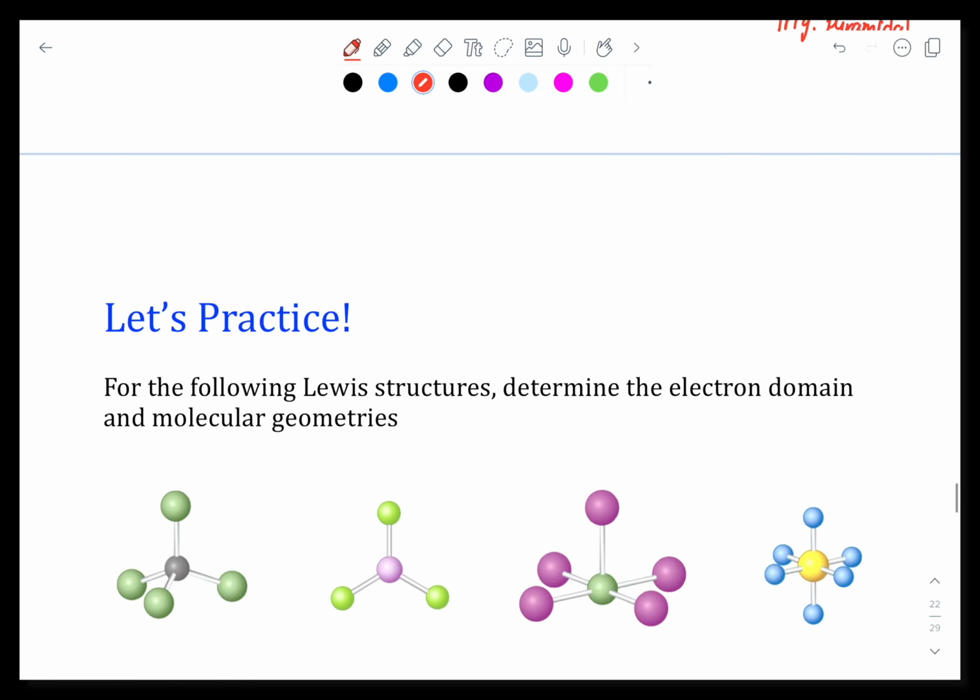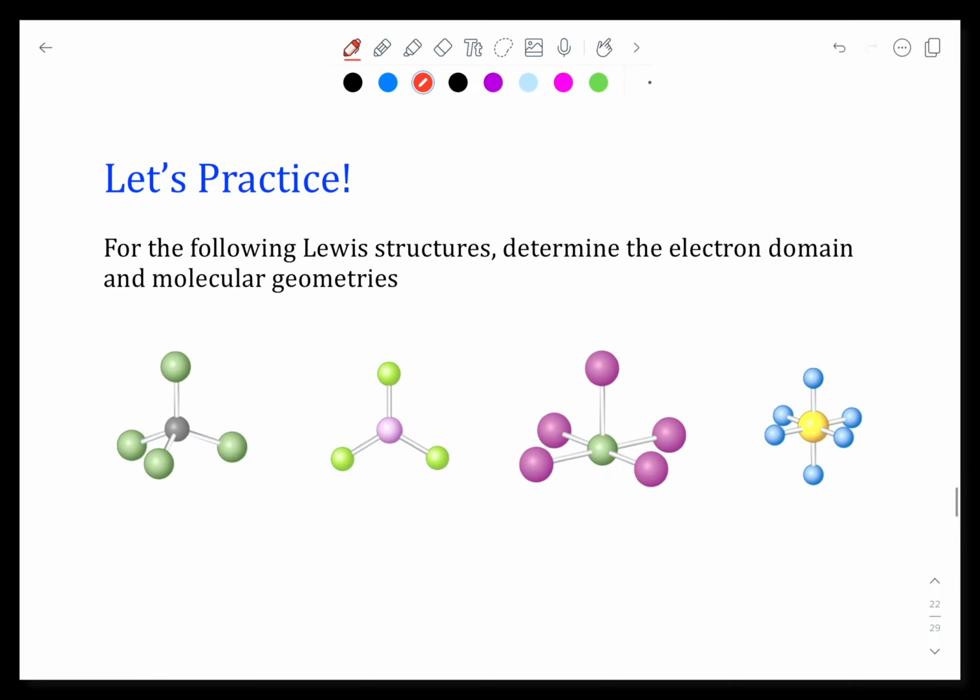Okay, let's keep practicing. So, for the following Lewis structures, determine the electron domain and the molecular geometries. For our first molecule here, we have 1, 2, 3, 4 electron domains.